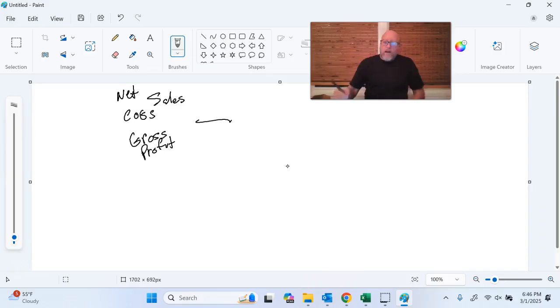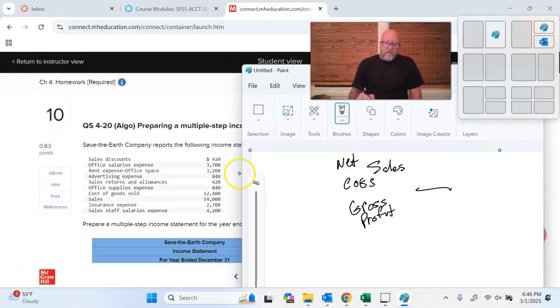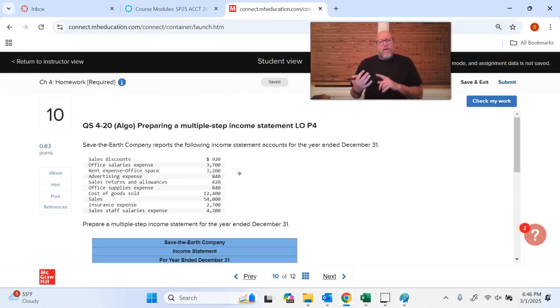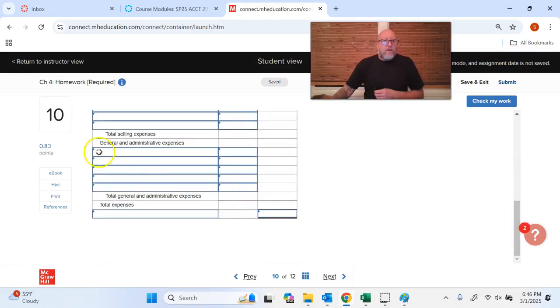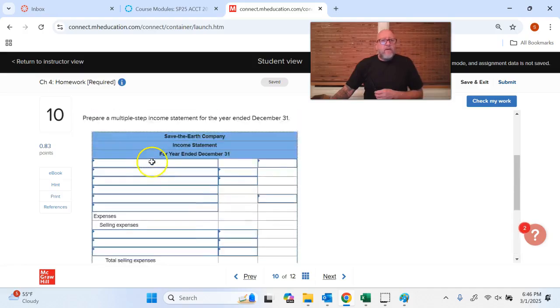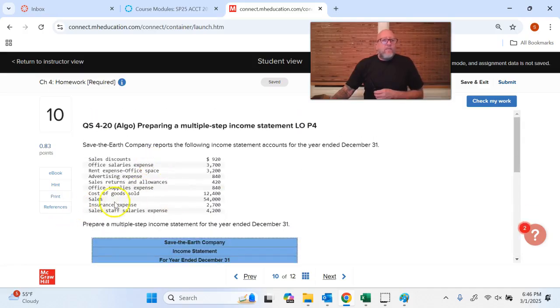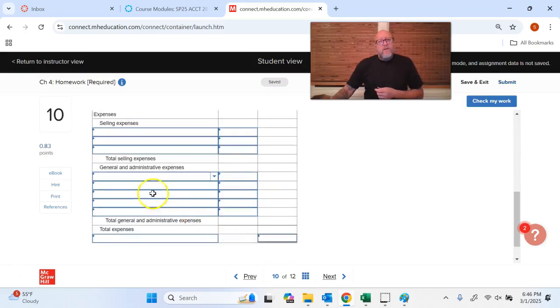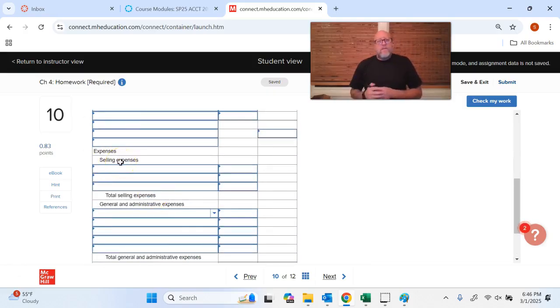But you would just want to go back through this list and identify the various types of operating expenses. You know, insurance expense, I would probably include that in the administrative section, way down at the bottom, somewhere down here. And then I would probably include sales staff and salaries expense somewhere in the selling expenses.